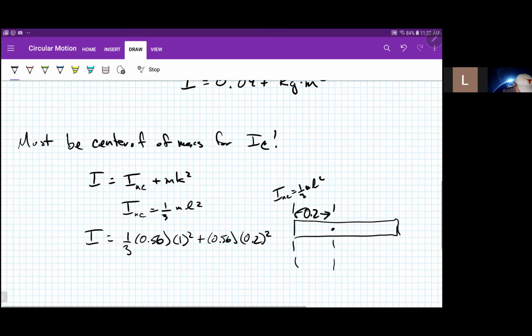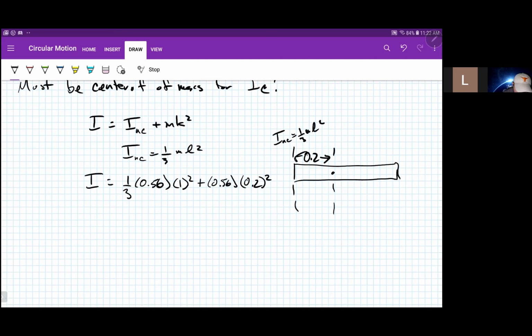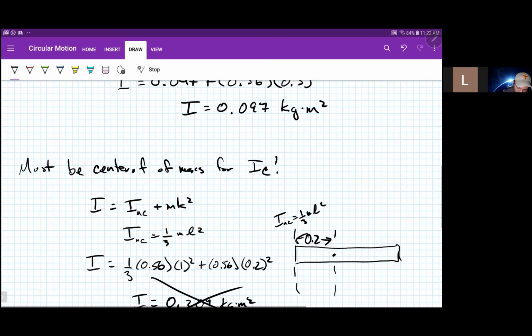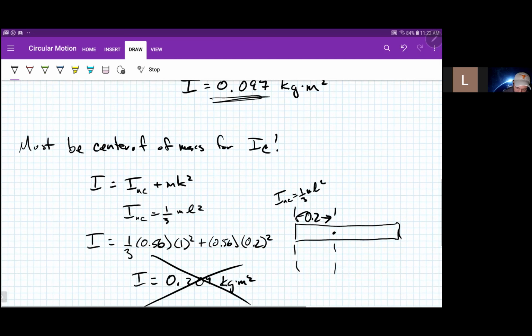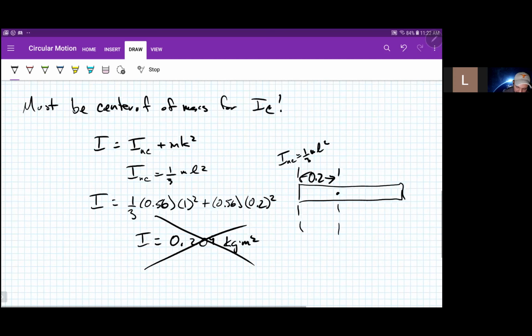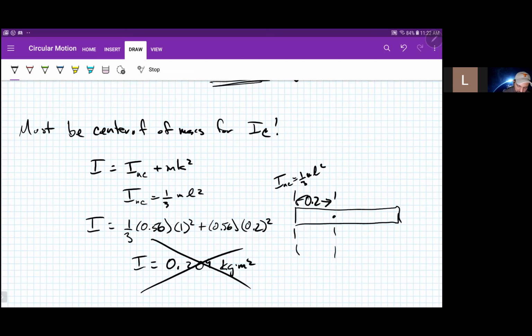You guys tell me if you got the same thing, because this is the first time I'm doing this. I got 0.209 kilogram meter squared. So that's not right. This is the correct answer. Just keep in mind, it has to be the moment of inertia about the center of mass.